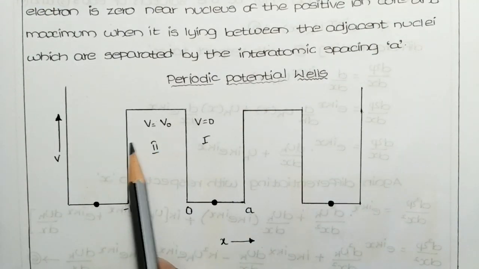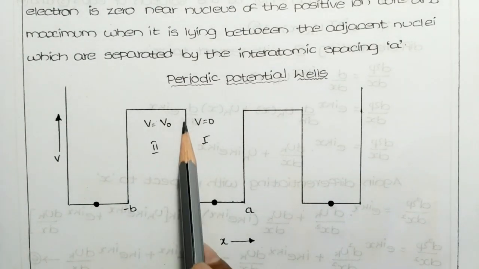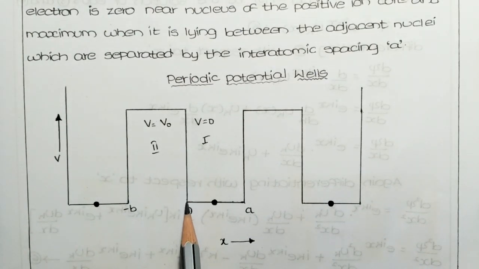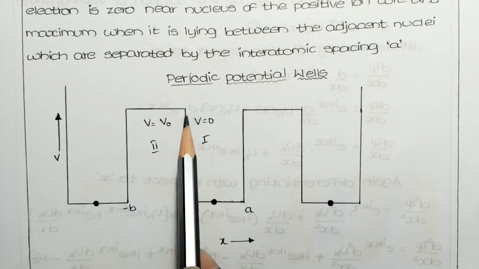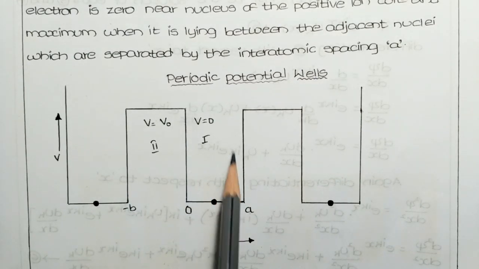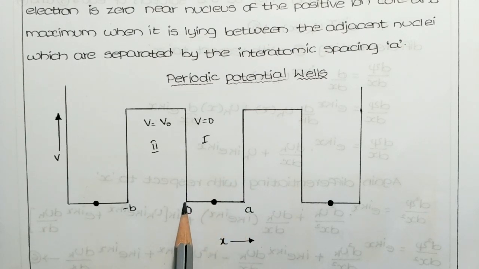I have to consider these two regions. Here O to A represents a potential well. In quantum mechanics I explained about potential wells. So OA represents a potential well, the width or length of the potential well, and O to minus B represents a potential barrier.